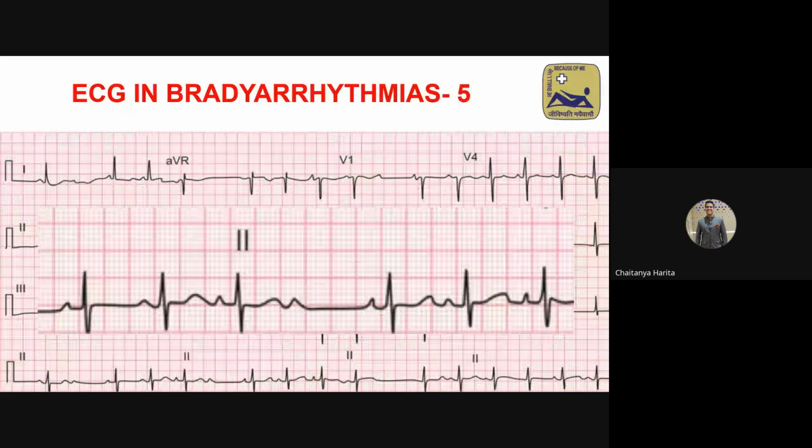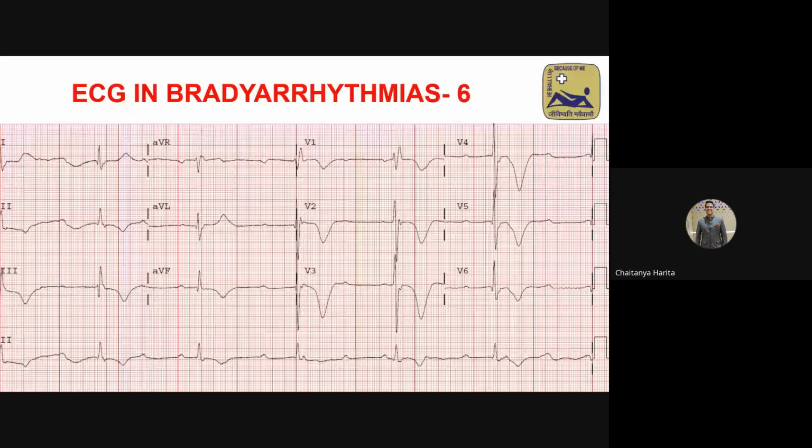But in Mobitz type 2, the PR prolongation is fixed and the missed beat occurs every second to third. This is very dangerous because if it is Mobitz type 2, the risk of going into complete heart block is very high.